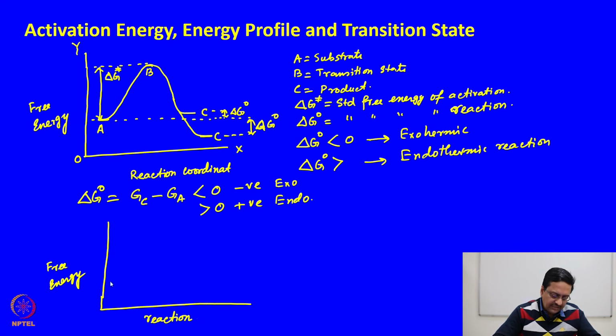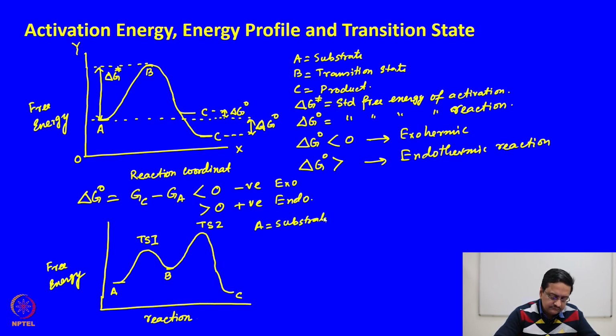One type of free energy diagram can be like this, where the substrate A is here, it goes through a transition state to form a reaction intermediate B, and then it goes through another transition state to form the product C. So, here A is equal to substrate, B equal to reaction intermediate, just like a carbocation intermediate, and C is the reaction product.